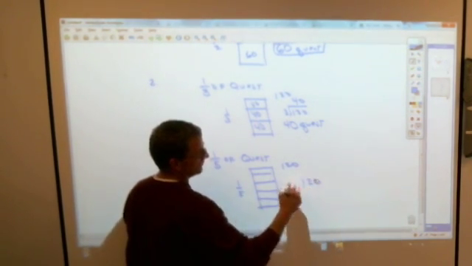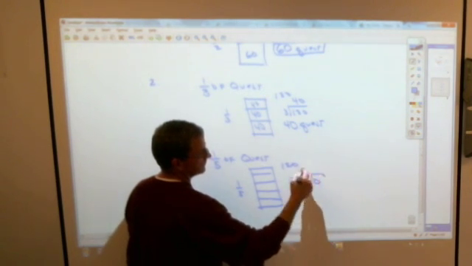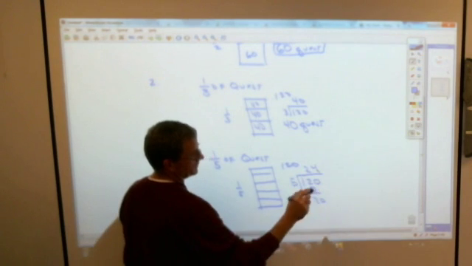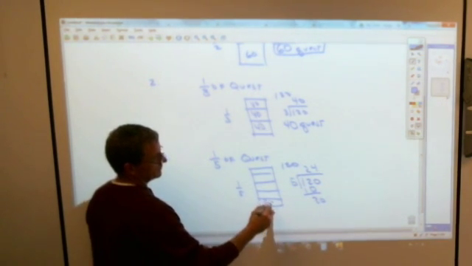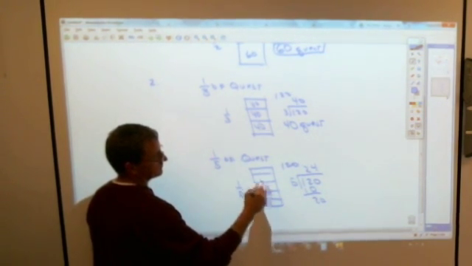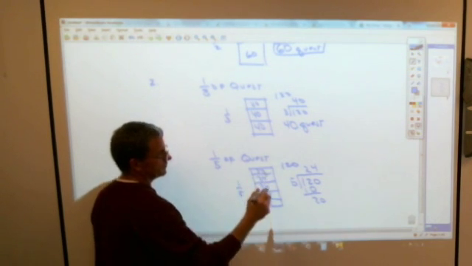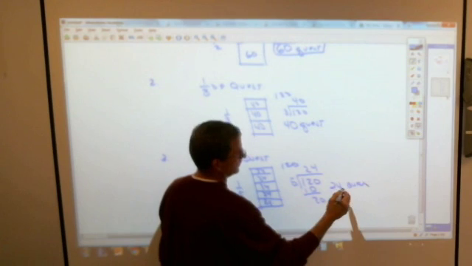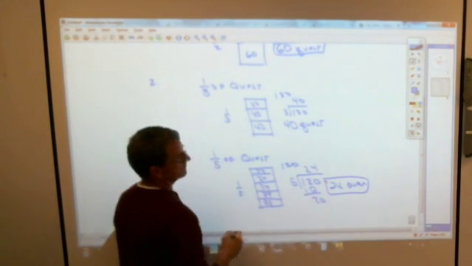What is 120 divided by 5? Looks to me like every piece is 24. So how many questions would that be? 24 questions. For what? Fill in the blank?